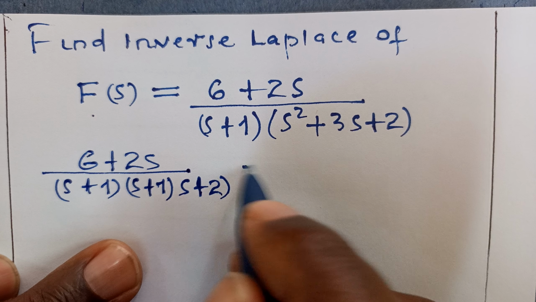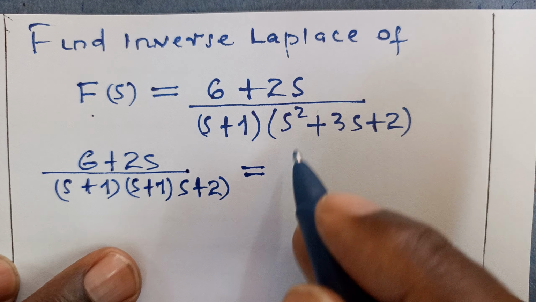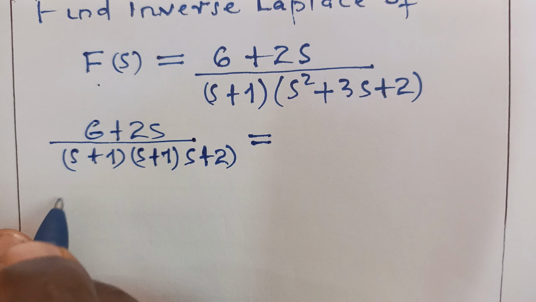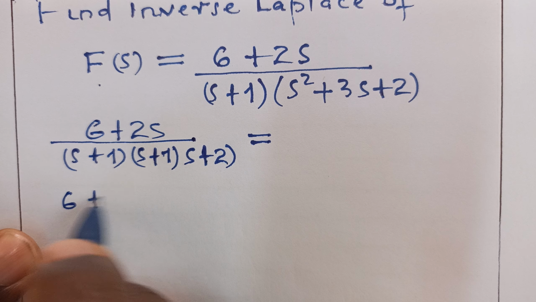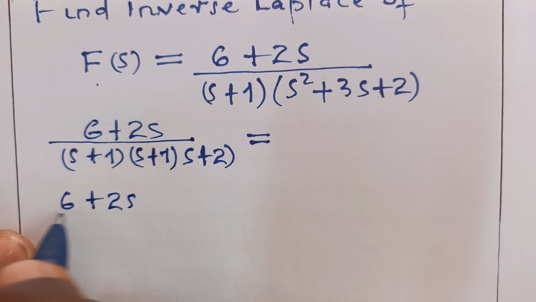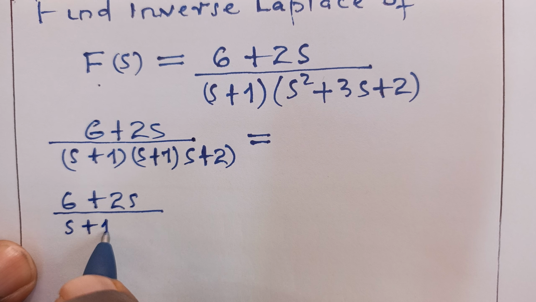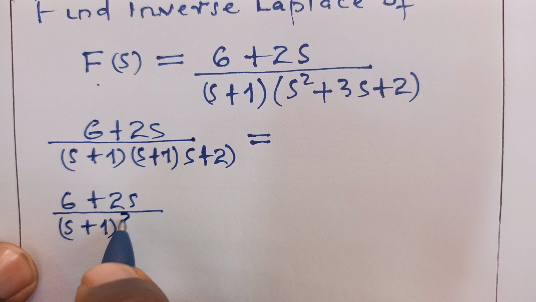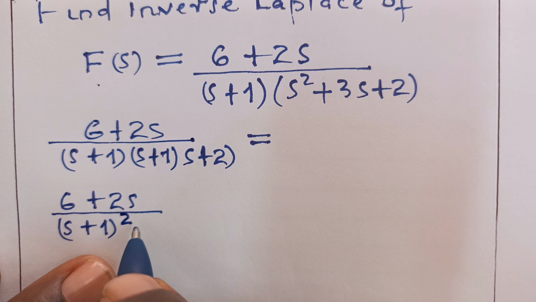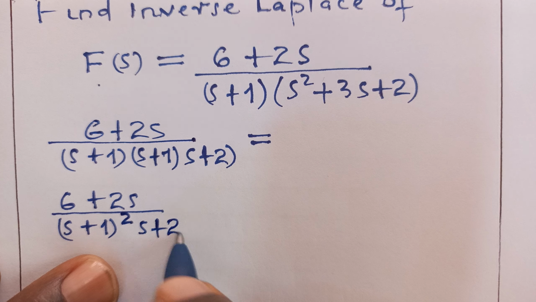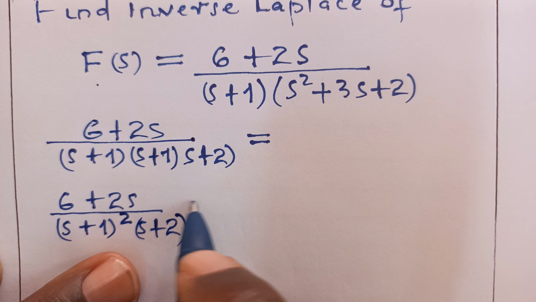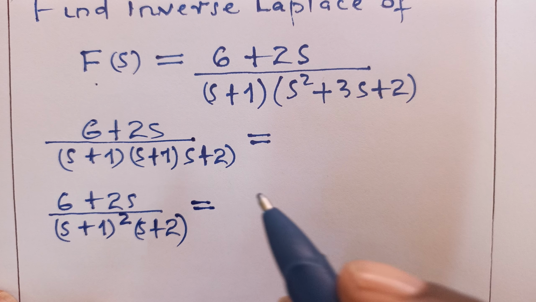So this now comes to 6 plus 2s all over (s plus 1) squared (s plus 2). Now we can find the partial fractions for that.